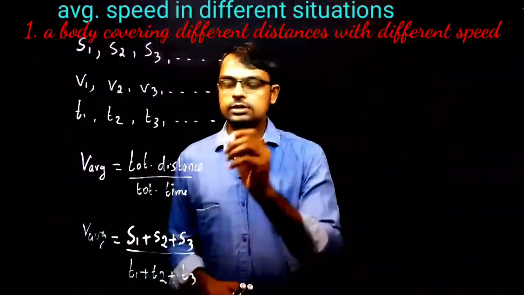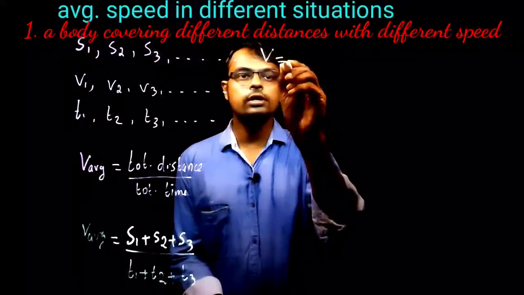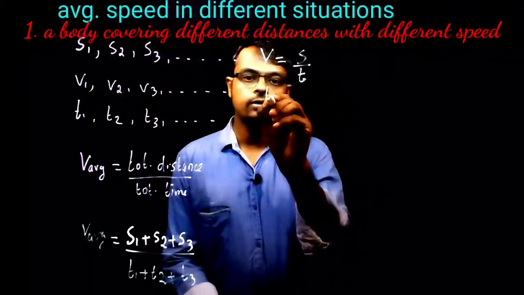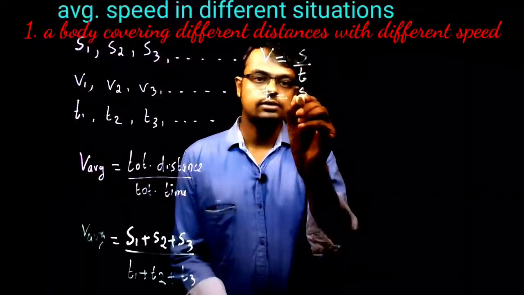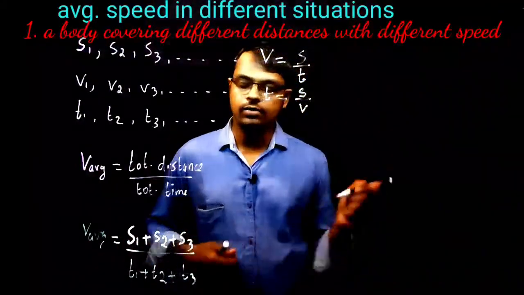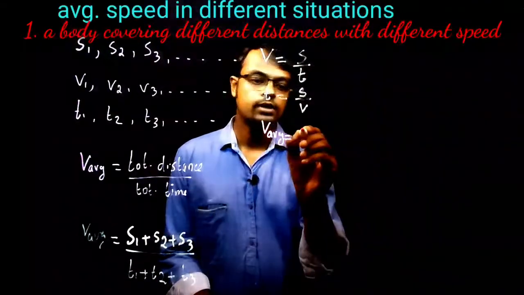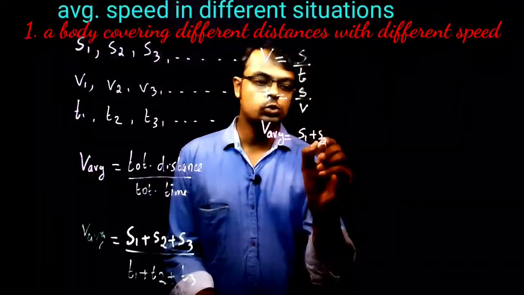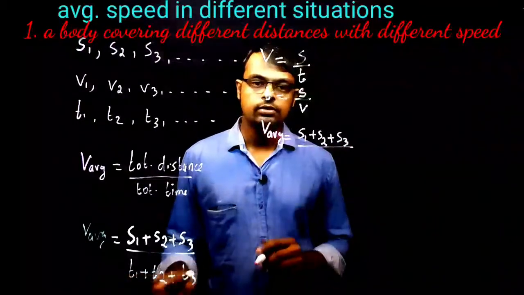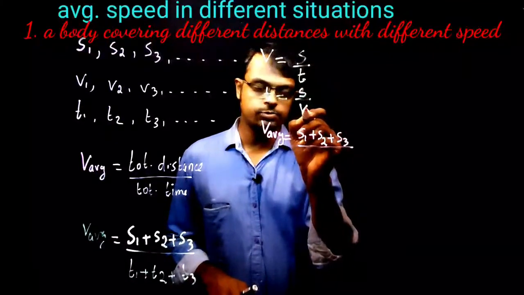Now, what is the speed formula? Speed V is equal to distance divided by time taken. That means time is equal to S divided by V. So now you can write this average velocity as V average is equal to S1 plus S2 plus S3 all divided by the times. From this equation, T1 is equal to distance divided by speed. Both the distance and speed are different.